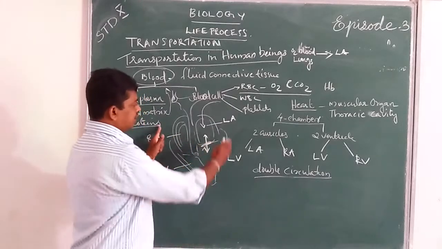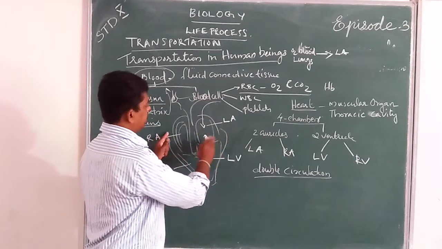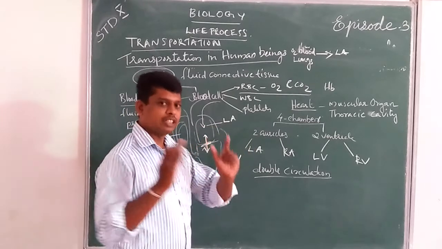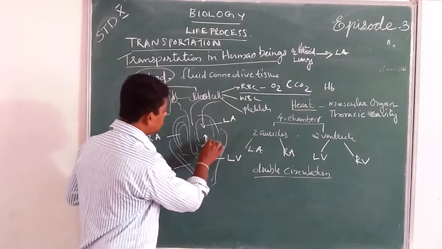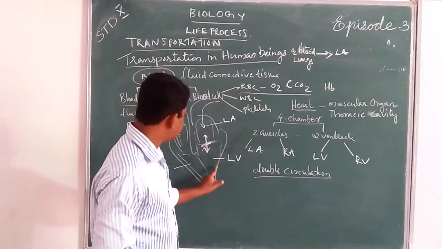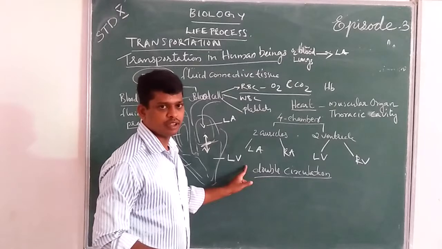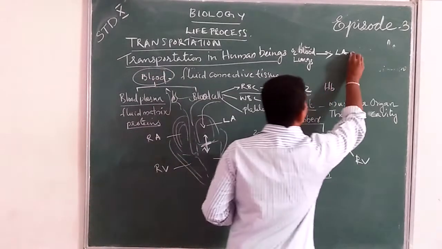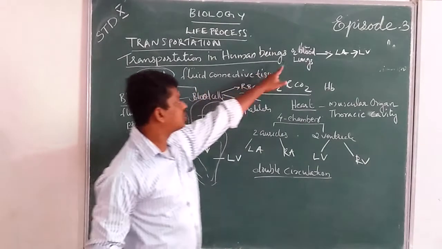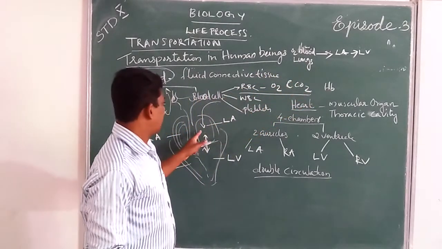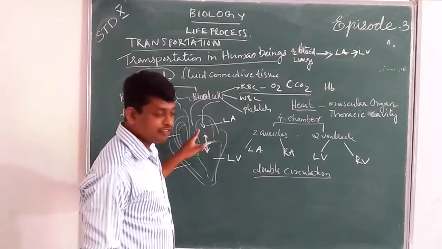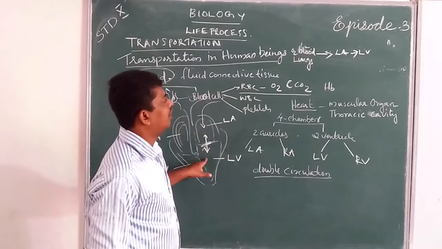When blood fills the left atrium, the atrium contracts and helps the blood flow towards the next chamber, the left ventricle.